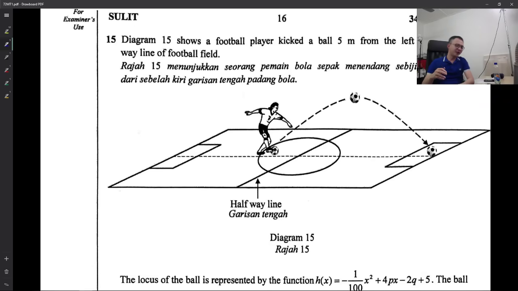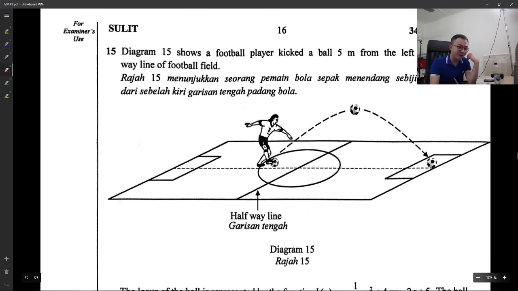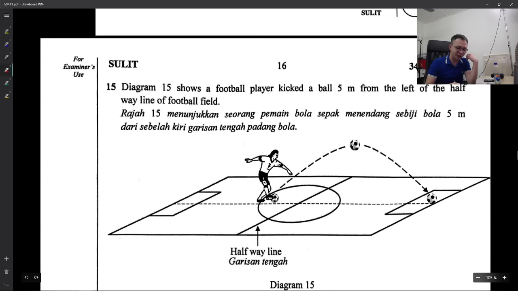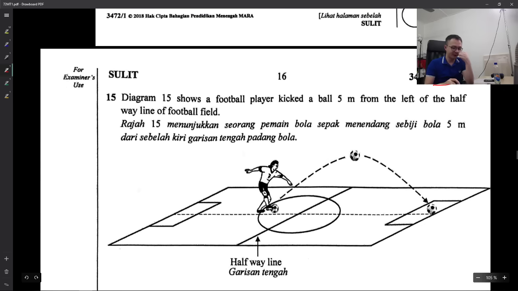Okay, so diagram 15 actually shows a football player kicking a ball 5 meters on the left, from the halfway line of the football field.